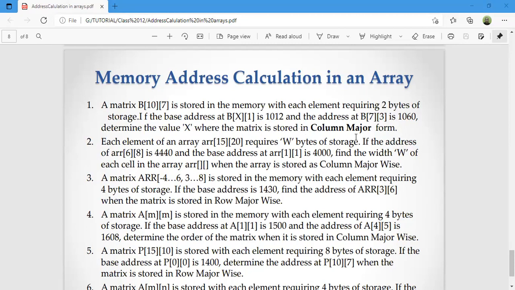Okay, so you have M and N as 10 comma 7. W is 2. The base address of B x comma 1 is 1012 and the address of 7 and 3 is 1060. We have to find the value of X where the matrix is stored column major wise. Okay, so we'll see how to go about it.